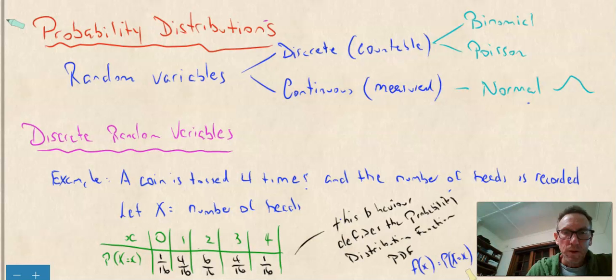I'll just pause. Okay, running out of space on my little whiteboard, but the behavior of this probability distribution defines what's called the probability distribution function, which is shortened to PDF. f(x), our probability distribution function, is equal to the probabilities, the collection of probabilities P(X = x).